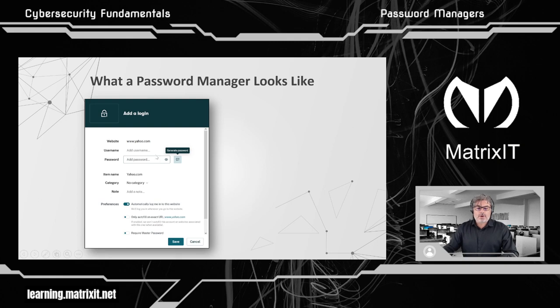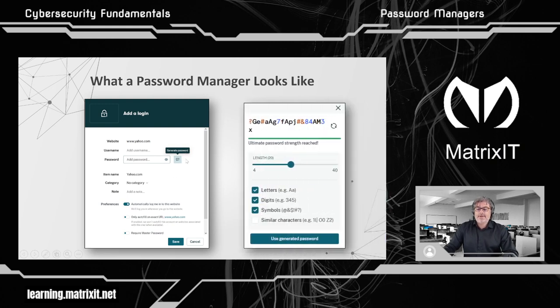Okay, so you want to add a login. So let's say, and this is what I do, when it comes to generating passwords, I click that button, and here is the fancy schmancy password it came up with for me. What I've told it to do is, you can slide this slider back and forth, and there's 4 characters or 40 characters.